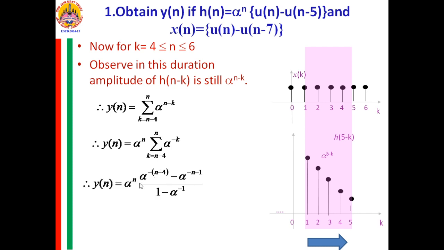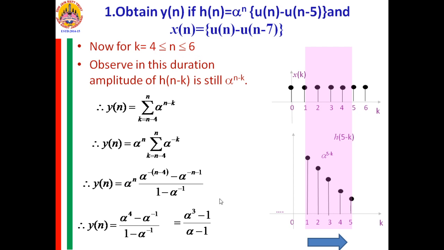So the closed form of expression is alpha raised to n into alpha raised to minus n minus 4 minus alpha raised to minus n minus 1 upon 1 minus alpha inverse. Now multiplying the numerator with alpha raised to n, you will observe this is alpha raised to 4 minus alpha inverse upon 1 minus alpha inverse, which is equal to alpha raised to 3 minus 1 upon alpha minus 1. This is where n is varying from 4 to 6.